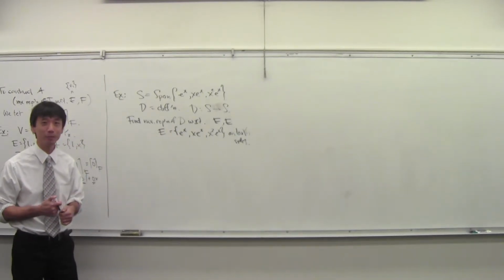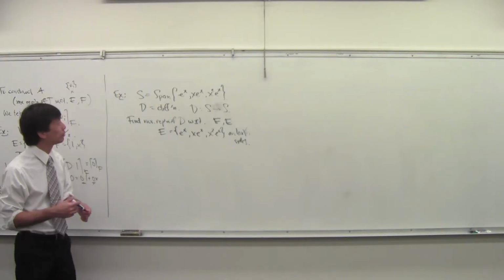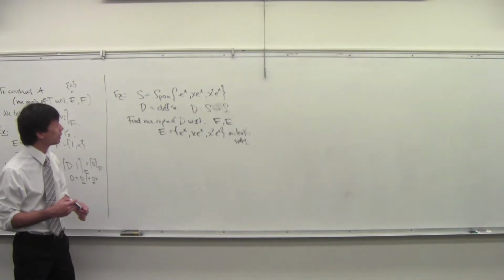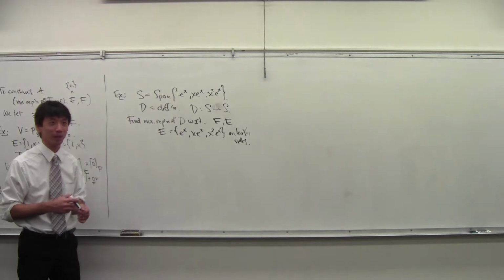Somebody tell me the first column. Julia? No? Lizzie? 0, 1, 0. Is it 0, 1, 0? I don't think so. Somebody else? 1, 0, 0? Yeah, actually it's 1, 0, 0.